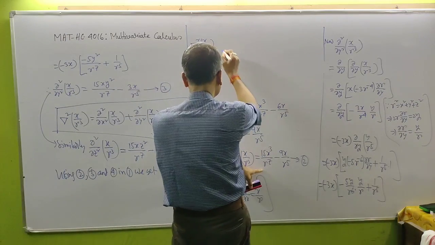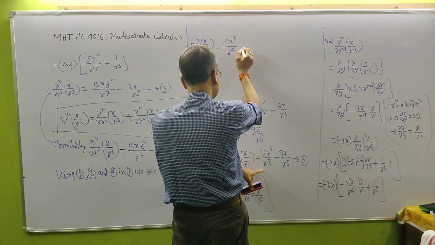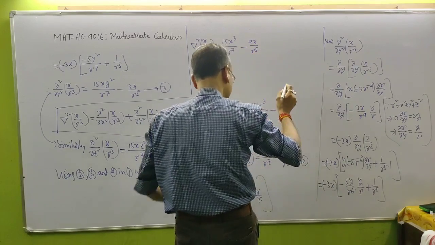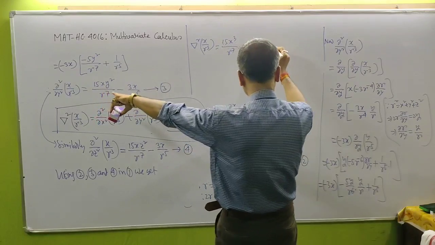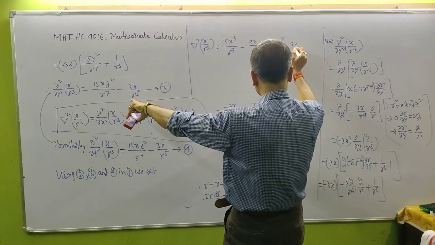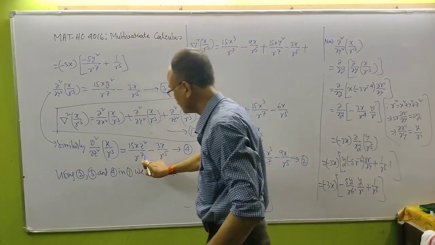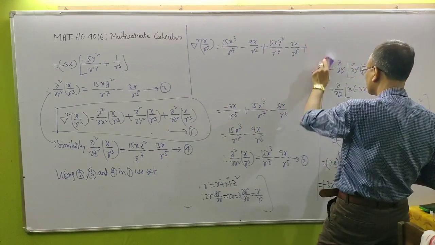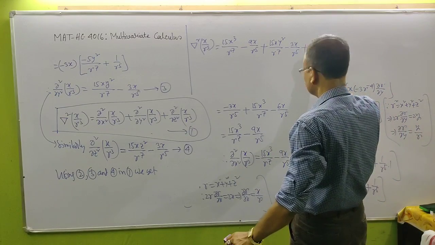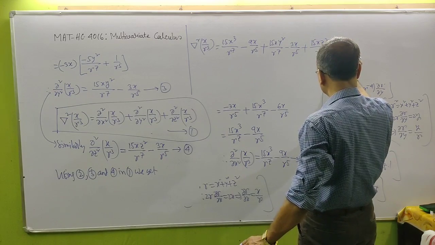It was this: 15x cube by r to the power 7 minus 9x by r to the power 5, plus 15x y square by r to the power 7 minus 3x by r to the power 5, plus 15x z square by r to the power 7 minus 3x by r to the power 5.